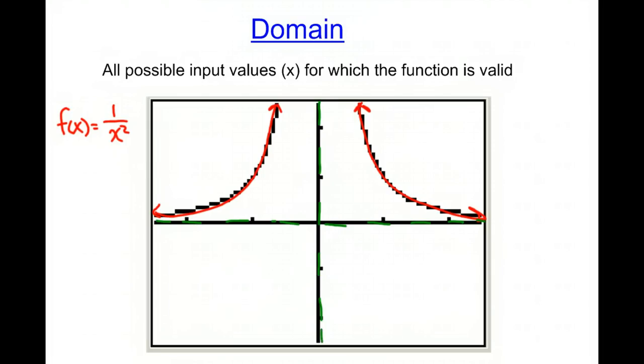Now what that means is there will be negative x values, there will be positive x values, but there will not be a value when x is 0. So our domain, all real numbers, such that x cannot equal 0.